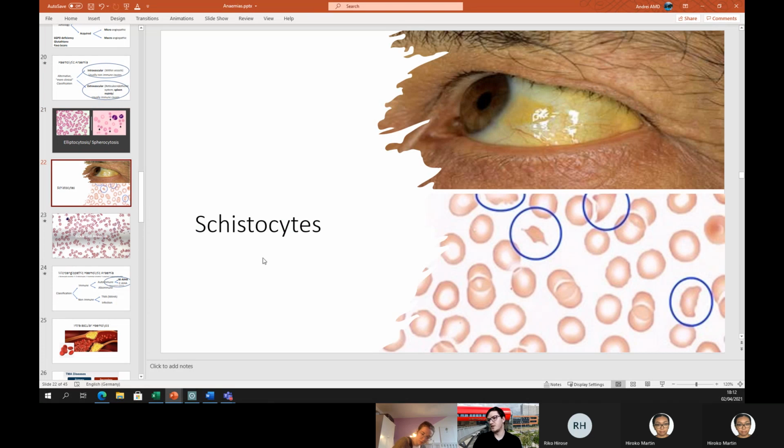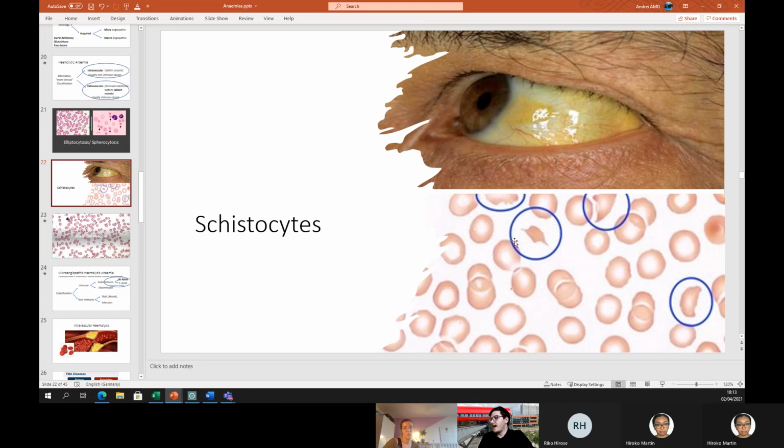Another picture: schistocytes are a type of cell that looks just like this on the blood smear. It's important because if you see a schistocyte in the blood film under the microscope, that will tell you that some sort of hemolysis is going on, that the red blood cells are getting damaged.